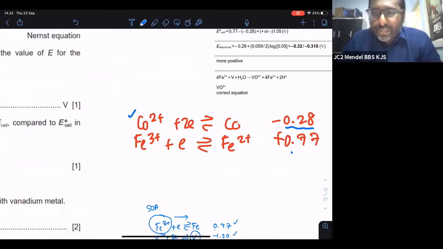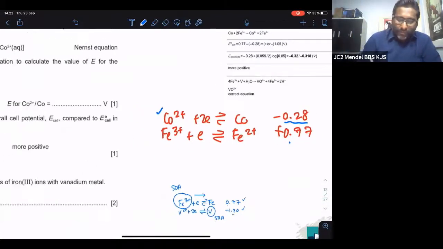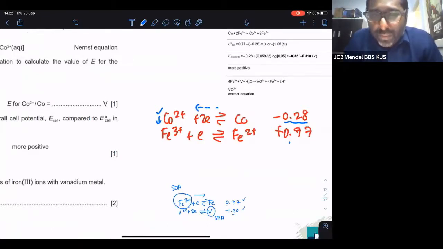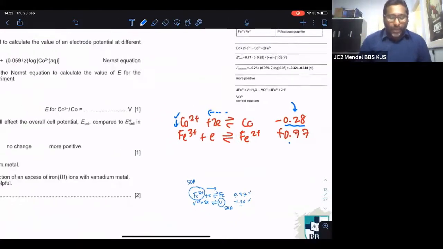Now, if you decrease the concentration of cobalt, what will happen? We know according to Le Chatelier's principle, the position of the equilibrium will be shifted to the left to increase the cobalt concentration. When it goes to the left, this value will become more negative. This is prediction, but they want you to calculate.